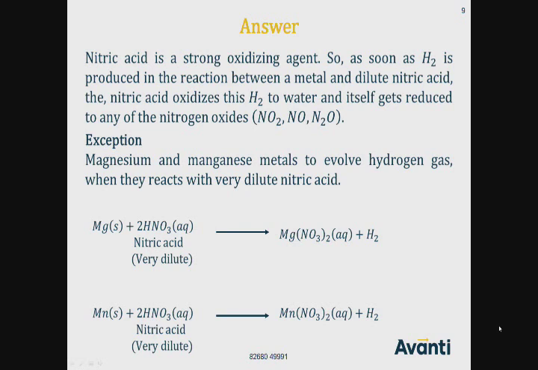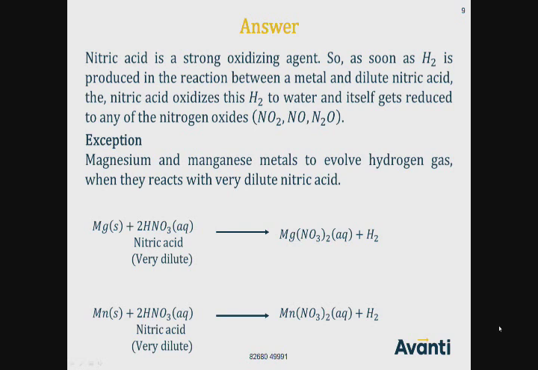The nascent oxygen is being treated with the H2 to convert it into water. See, it is like HNO3 is converting H2 into H2O, and itself, after breaking, is converted into NO2, NO or N2O.